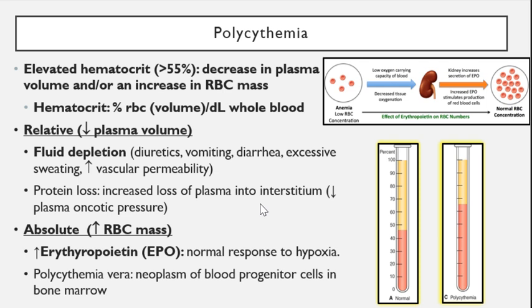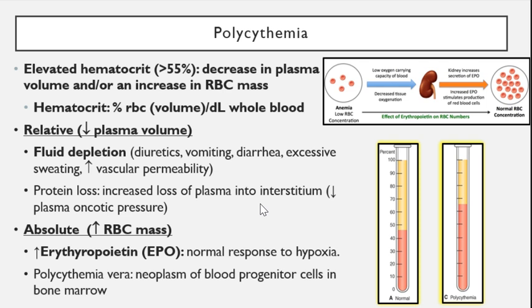So again, when you spin down, this is important percentage wise for your test too. When you spin down your whole blood, about 45% of it is red blood cells, right?